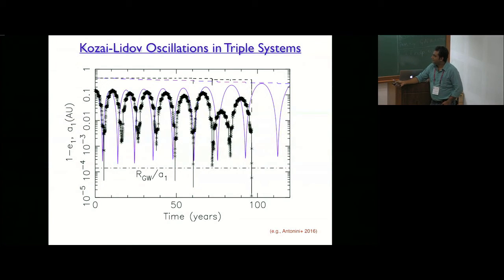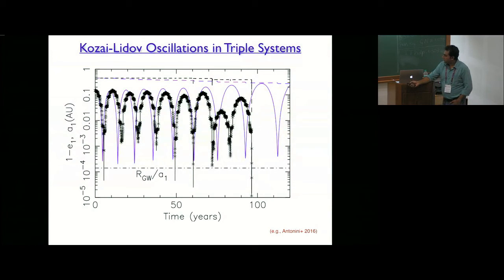So ignore time. What you want to notice is this 1 minus eccentricity term. So the smaller it is, the more eccentric it is. And you can see that this is how the evolution goes. Okay?